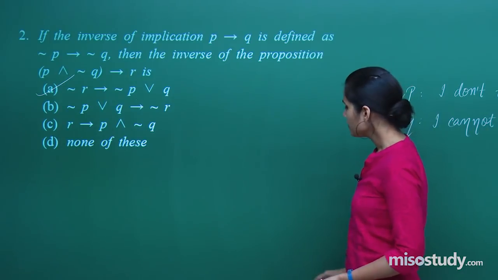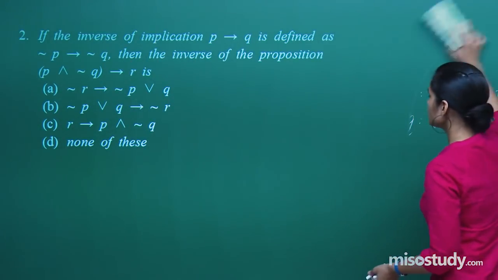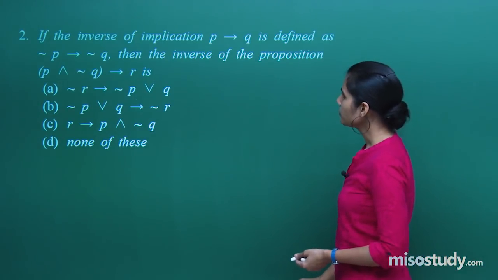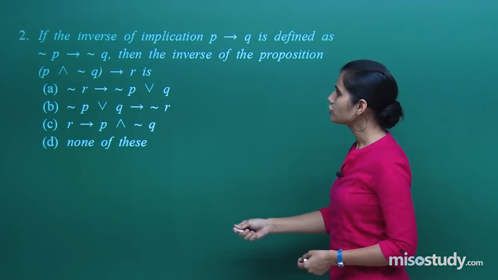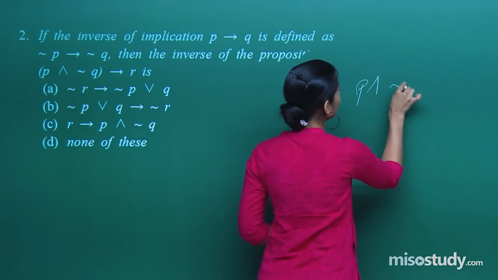Just attach if-then and you have your answer. Next, the inverse of the implication P implies Q, you know, is not P implies not Q. Then what is the inverse of the proposition P and not Q implies R?